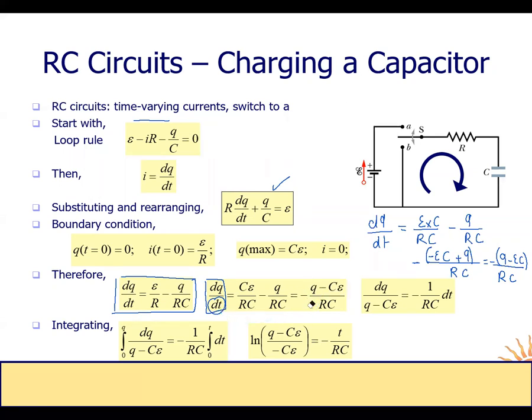So here we have dq divided by dt. Okay, so dq divided by, I put this term down, we get Q minus EC equals to minus dt divided by RC. Okay, this is the final relation here.